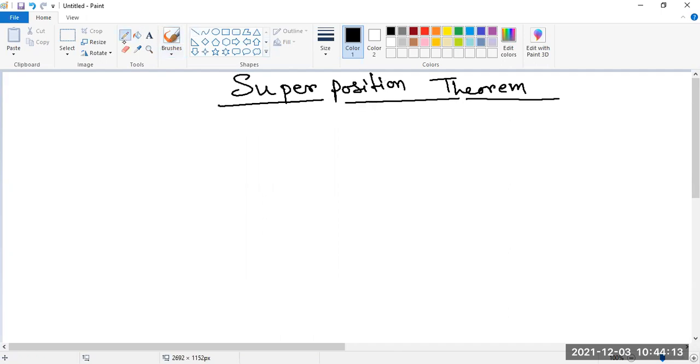Okay, first we have to know the statement. What is superposition theorem?